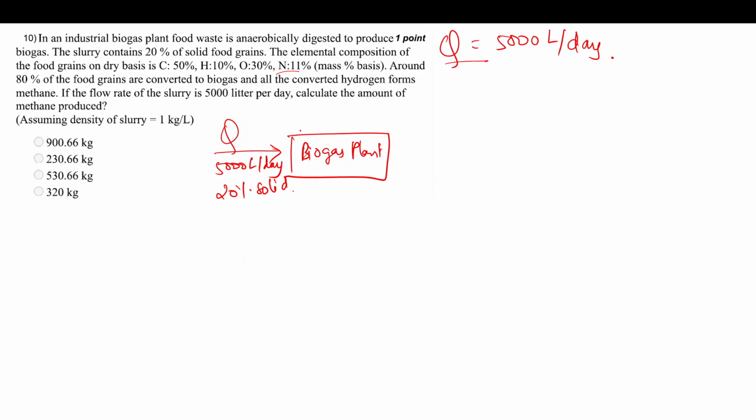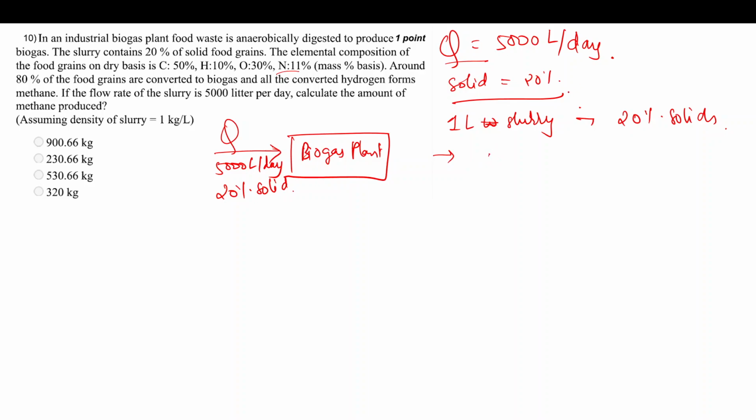So 20% if you say weight by volume, so solid content is 20%. So you can say 1 liter of slurry will have 20% solids. Now here the basis can be percent weight also, it can be percent volume also. So firstly, let's take two cases. You can assume anything in the exam, but I am just giving you the hint how to do it if some sort of basis is given.